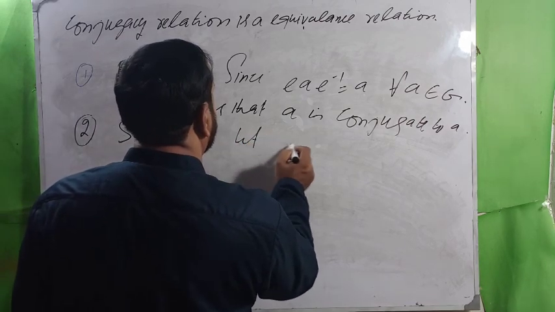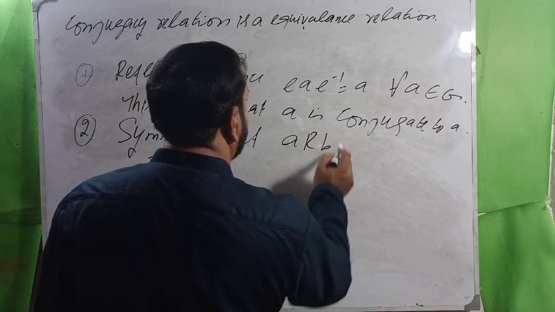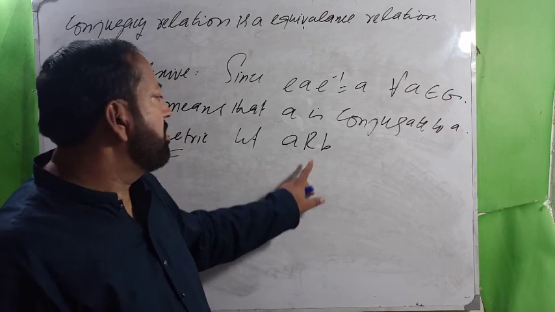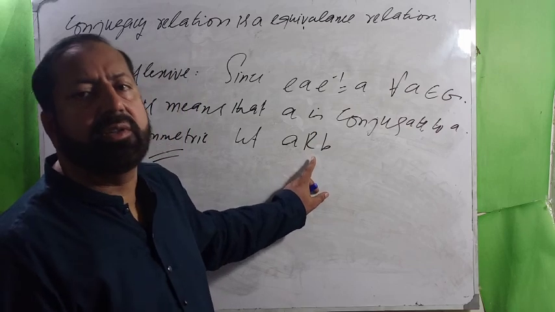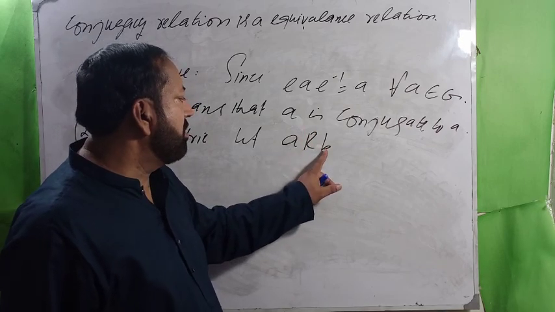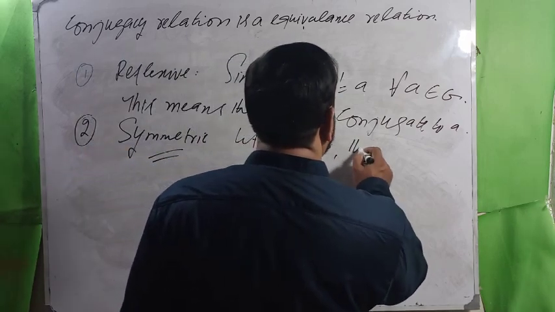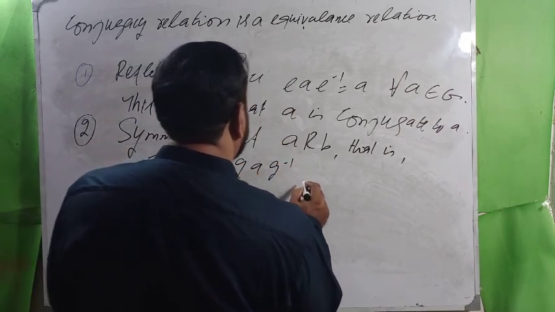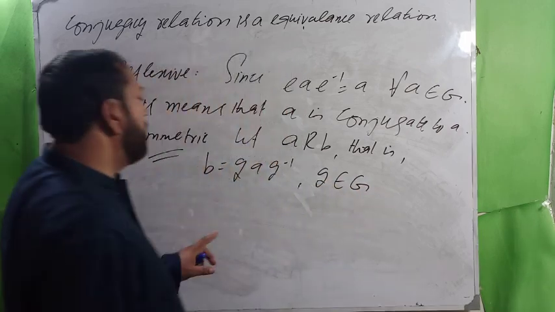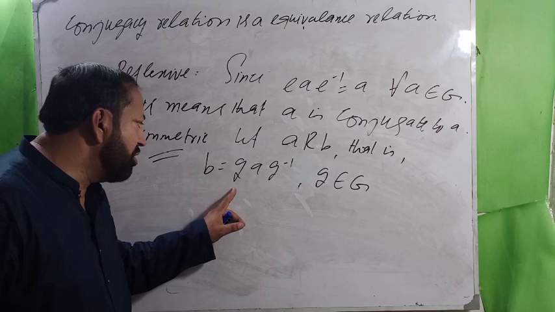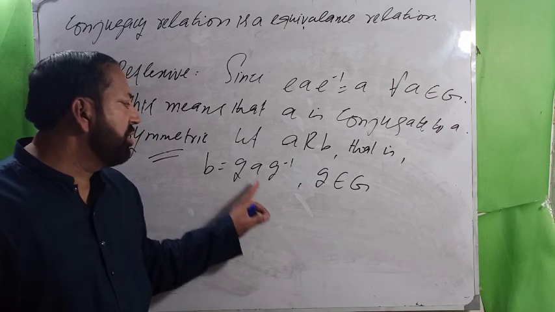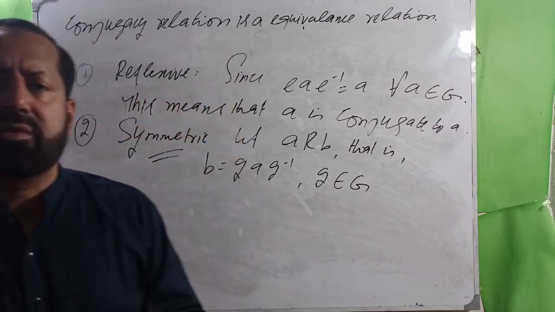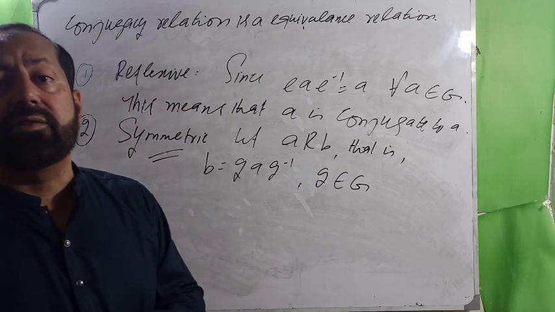So let A be related to B. You are supposing that B is conjugate to A. Whenever you are saying that A is related to B, because here the relation R is in fact the conjugation relation, that's why we can say that B is conjugate to A. That is, B is equal to G A G inverse, where G belongs to G. Now, if I can show that A can also be written as some G inverse B G, of course, G is arbitrary, so instead of G, you are using some G star or G dash or G1, then of course the relation would be satisfied, and we can say that it is symmetric.